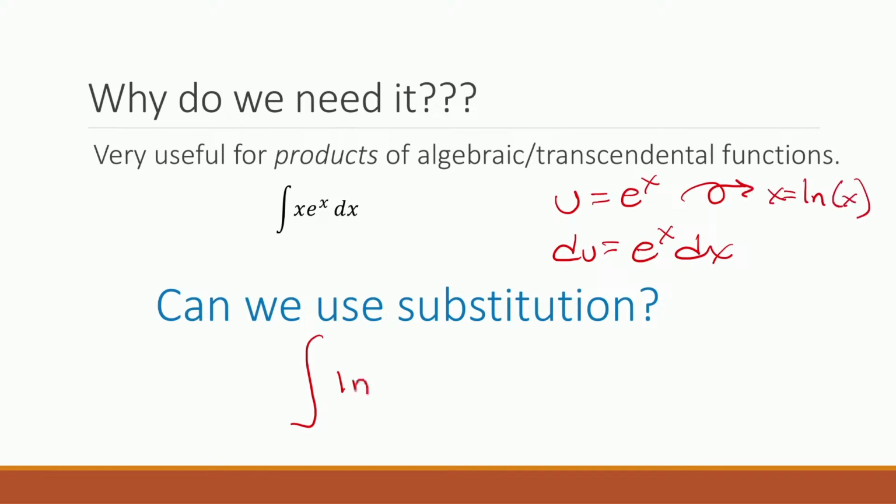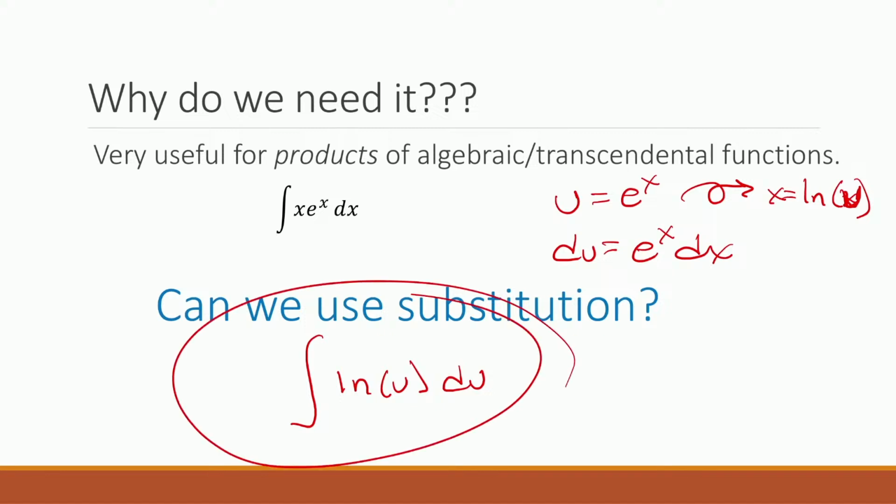So this is the integral of natural log of u, du. I don't even know what to do with that now, because I don't know the antiderivative of natural log of u. Okay, I fibbed. I do know the antiderivative of natural log of u. But the reason I know it is because I know how to do this new method. And that's the only way to do this.